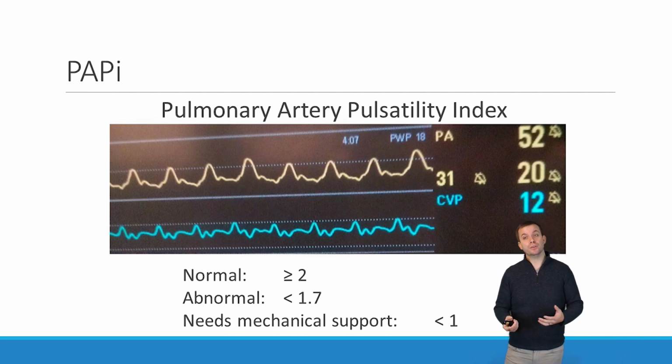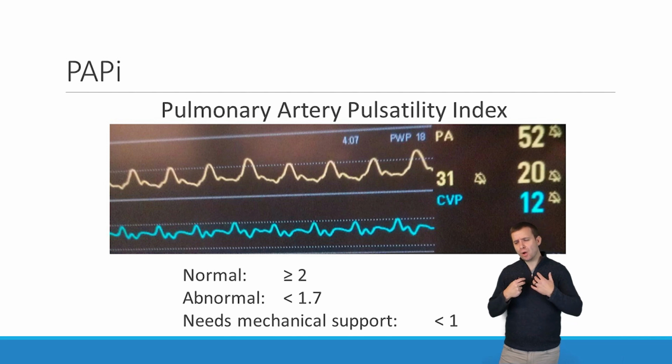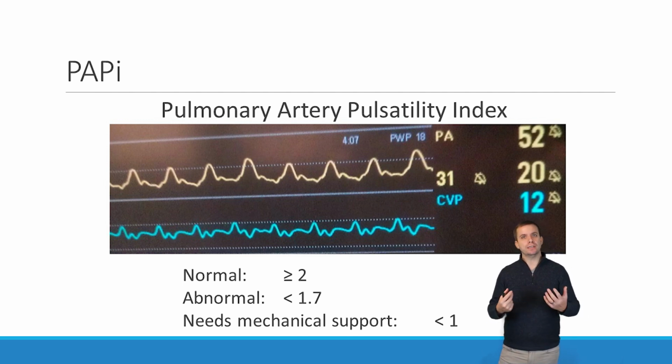You can actually use the exact same numbers that you would use for TAPSE. Normal is greater than 2, abnormal is less than 1.7. A lot of people are going to reference TAPSE or PAPI whenever dealing with mechanical support. In all the cardiogenic shock literature, what they found was that if your PAPI was less than 1 in cardiogenic shock, you needed an RV support device, so either an RVAD or an RV Impella, or you needed to go on ECMO.